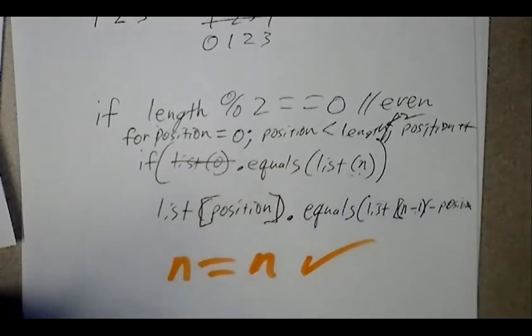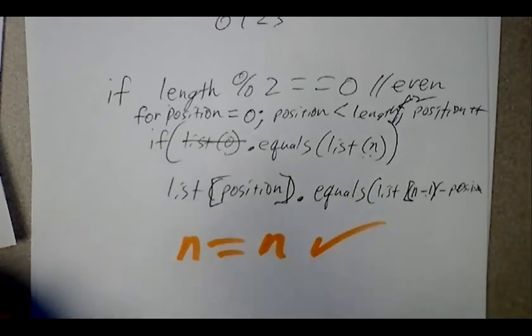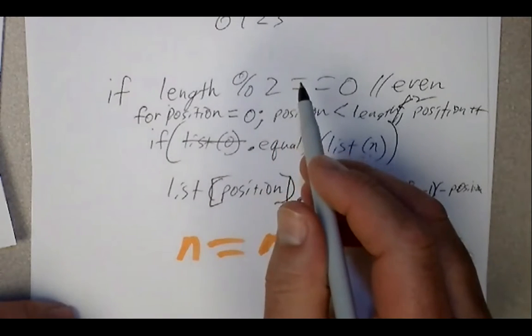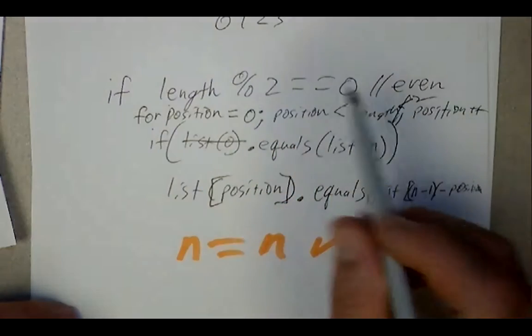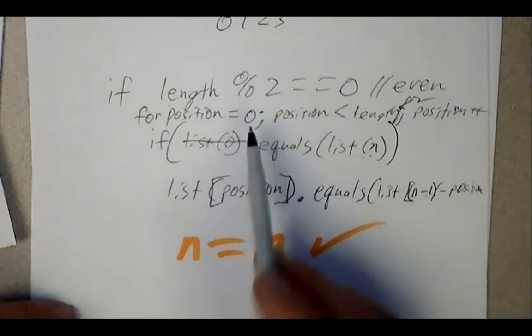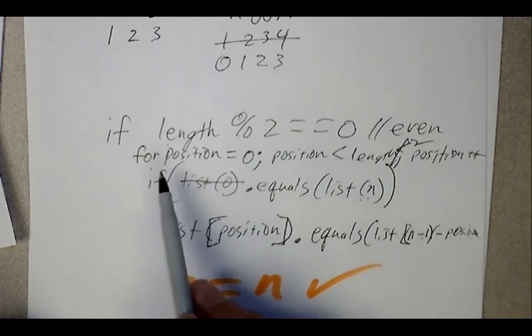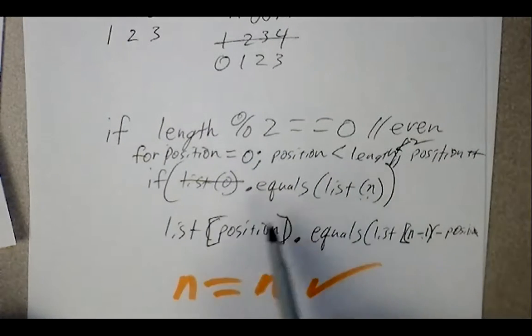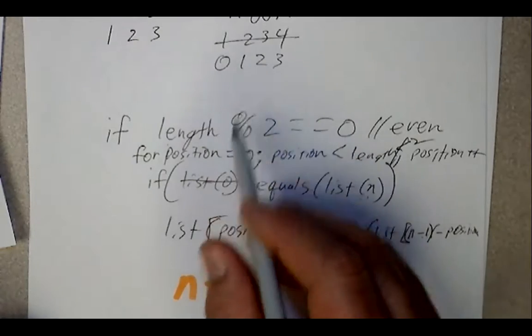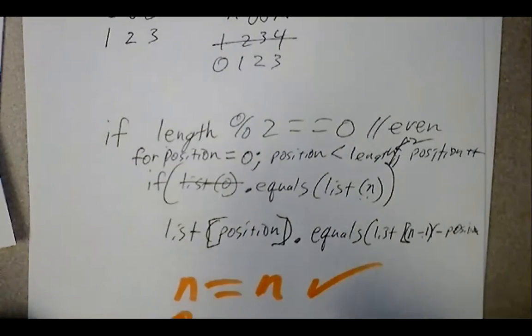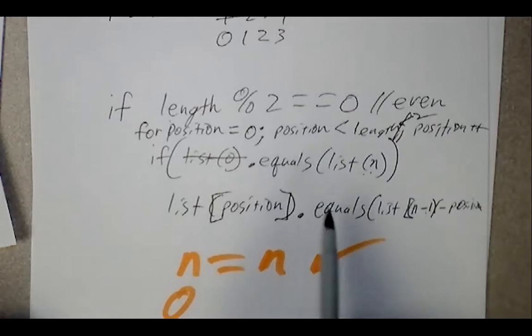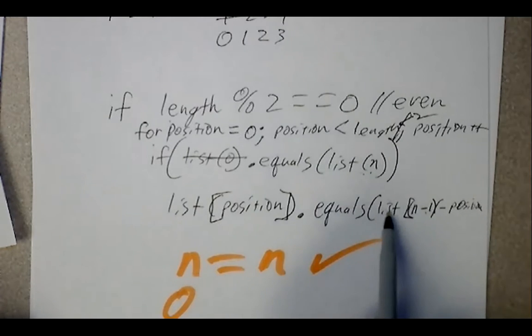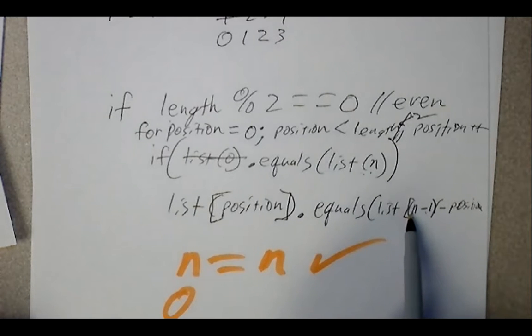So that would be a check. And then we would index position to 1 because of our for loop. And so list of position 1, this would be O. And then we're going to check against list n, which would be 4.